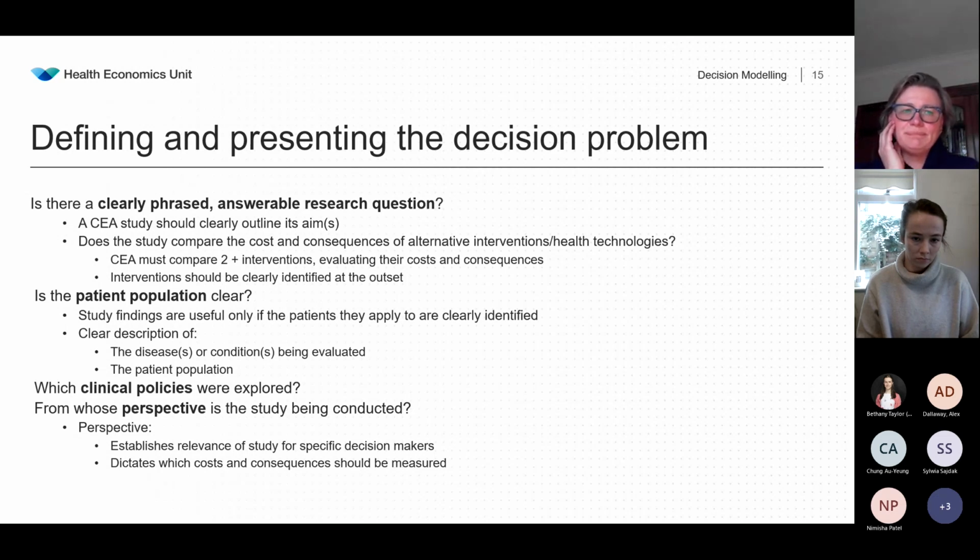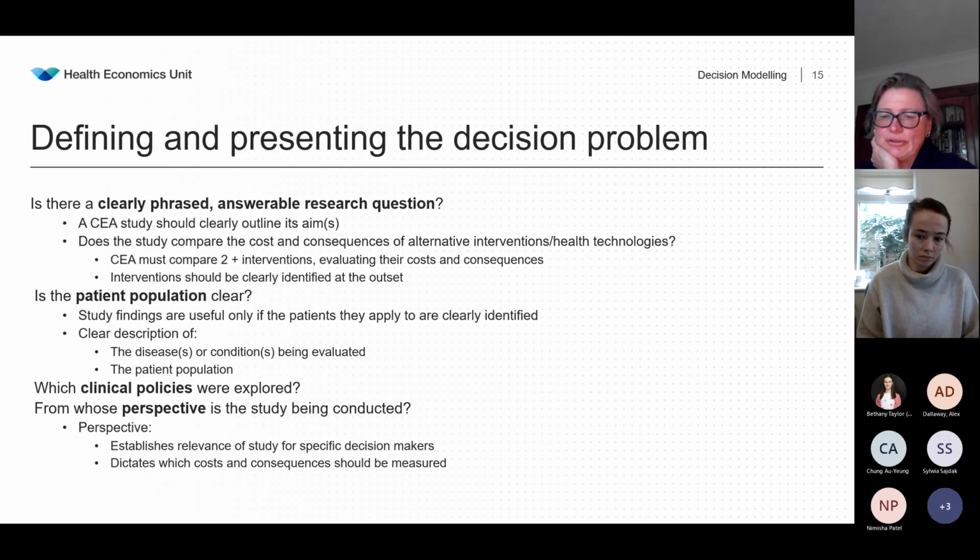Defining the population and giving a clear description of the condition that's being evaluated. Decision analytical modeling can also think about different policies where screening or prevention strategies are being considered.